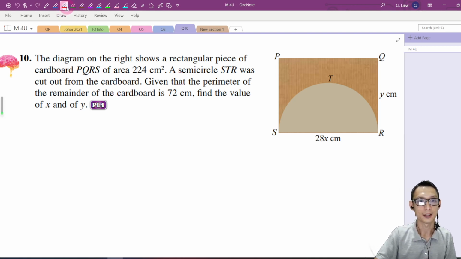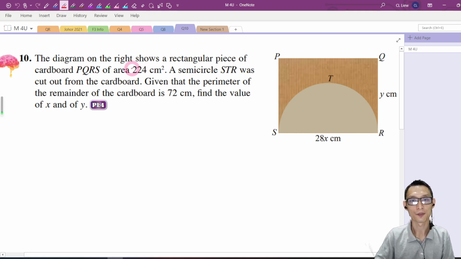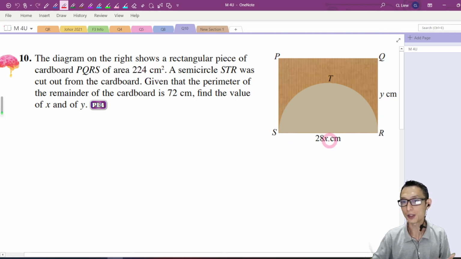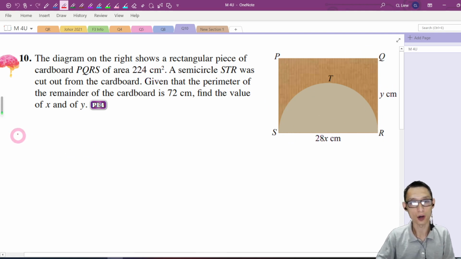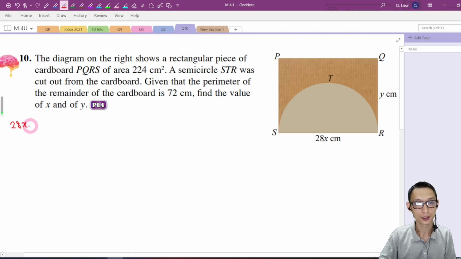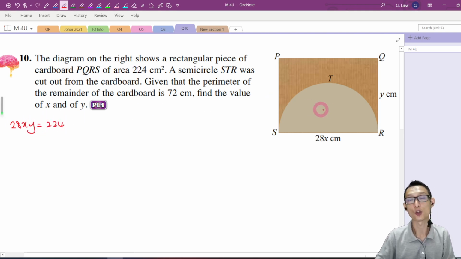Okay, let me form the first equation. The area of this piece of cardboard is 224. It means that 28x times y is equal to 224. This is the way we find the area of a rectangle, right?